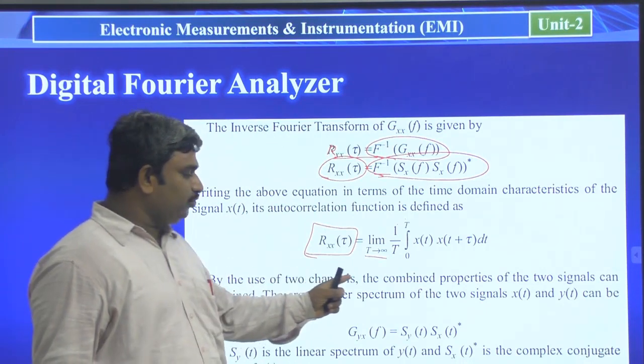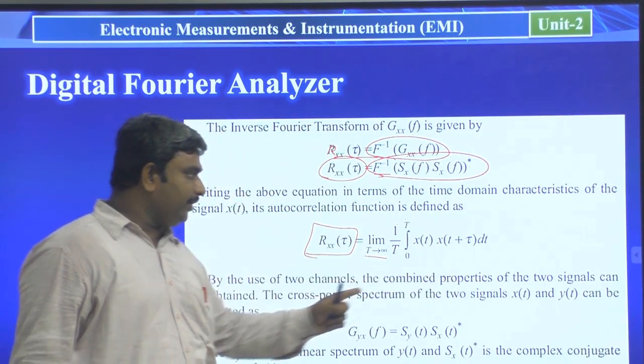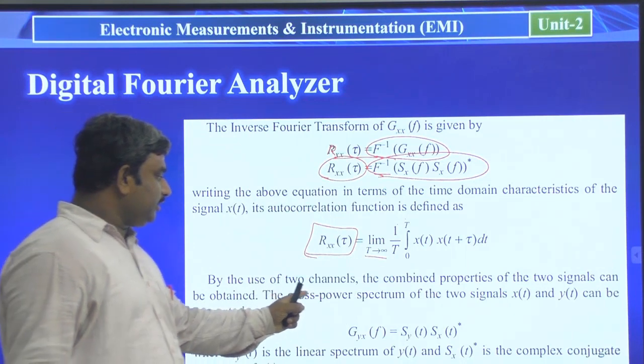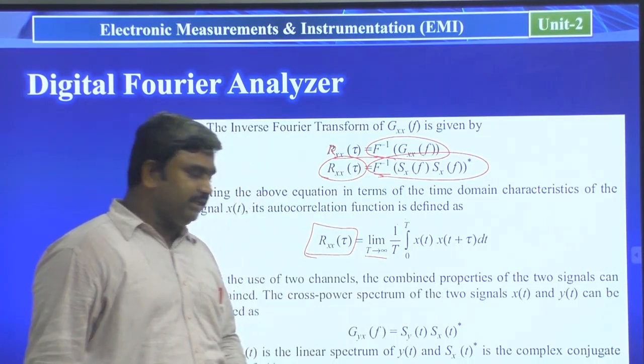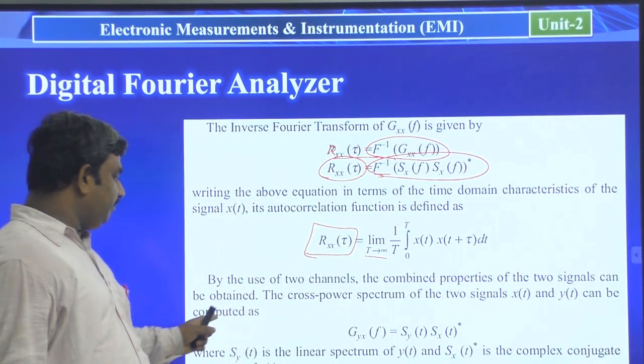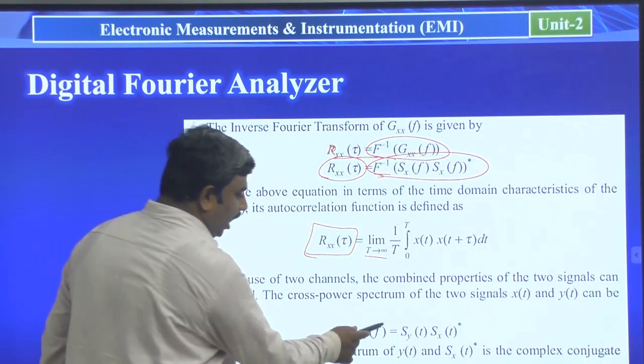By the use of two channels, the combined properties of two signals can be obtained. The cross power spectrum of the two signals x of t and y of t can be computed as follows.